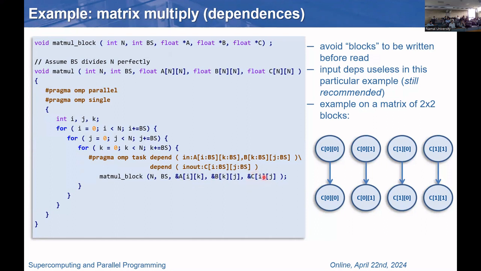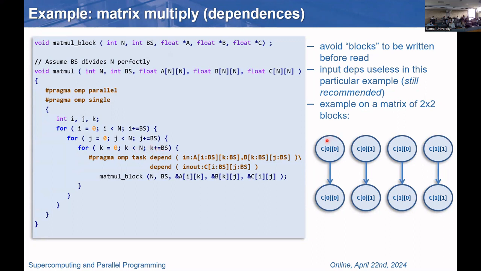Okay, so observe that in the case of the K loop, this inout C[i][j] doesn't depend on K. This means that you have a dependence there, which is actually represented by this arrow here, assuming you have matrices built on 2 by 2 blocks. So as it is 2 by 2, this K loop will have two iterations.